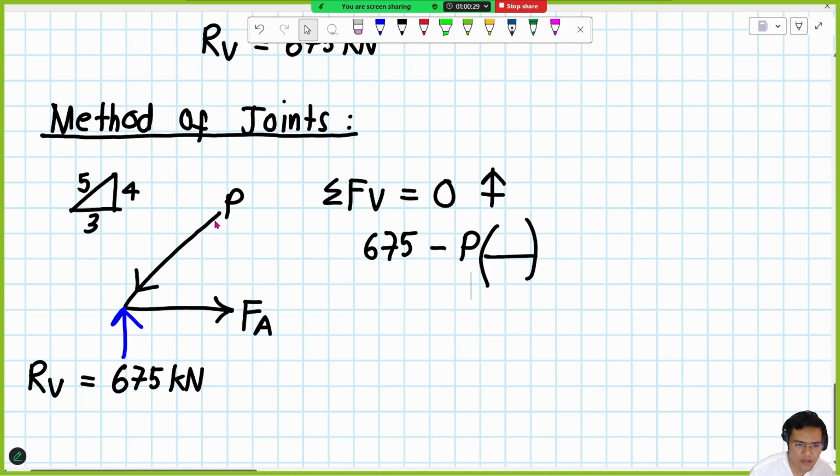To get the vertical component when given slopes, take the equivalent of the vertical component, which is 4, for the numerator, then divide by the hypotenuse, okay. So 4 over 5, equal to 0, okay. Now simplify, we would have P is equal to how much?